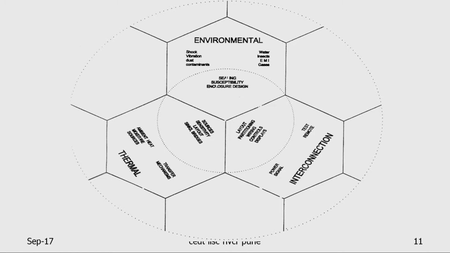I have mentioned it in passing earlier that we have this dotted line, which probably represents the external enclosure, and then we have these thermal aspects by which inside the device you bring the heat out.